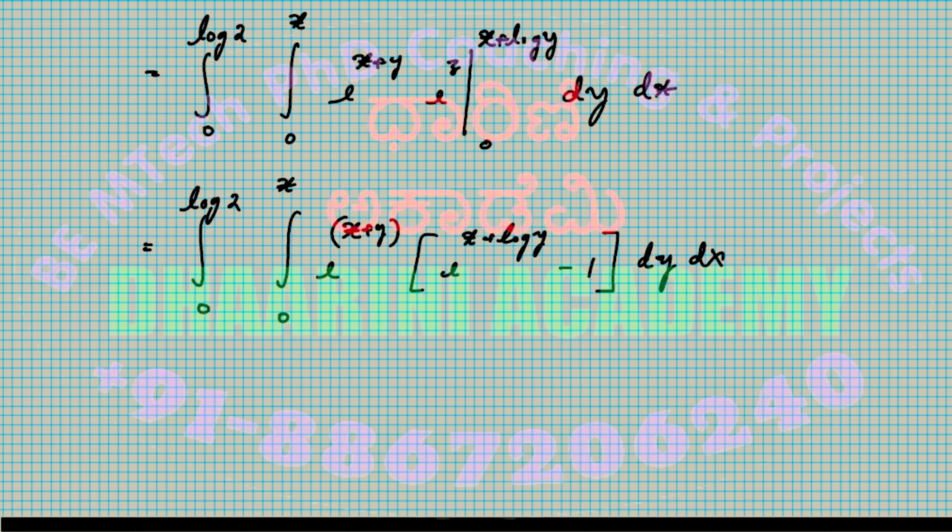Now, let's do a calculation somewhere here. So we have e to the power x plus log y. So definitely you can write this as e to the x and e to the log y. So e to the log y is nothing but you are taking e to the power and you are taking a log of that, they are inverse operations of each other. So it is simply y. So this can be written as e to the power x into y.